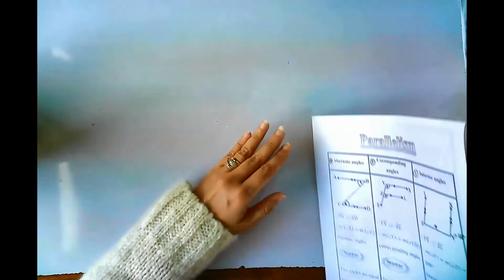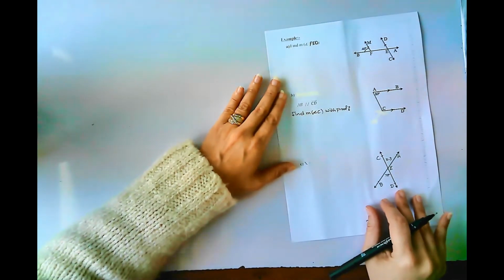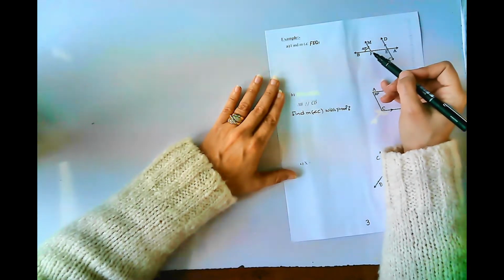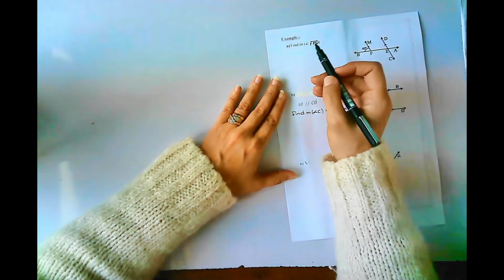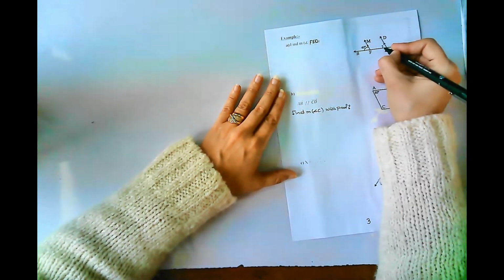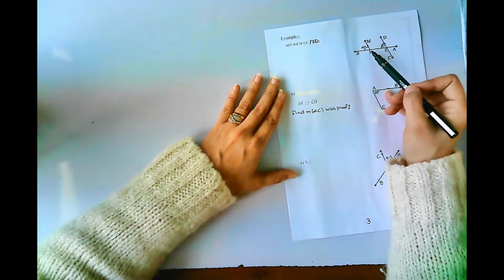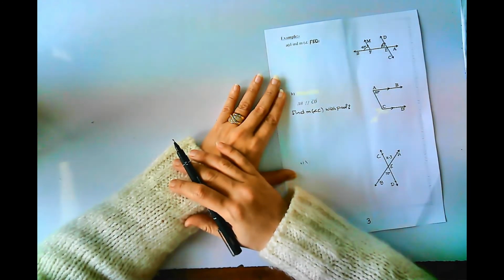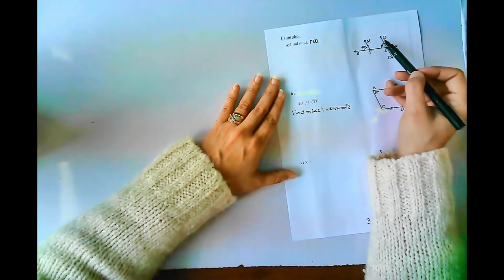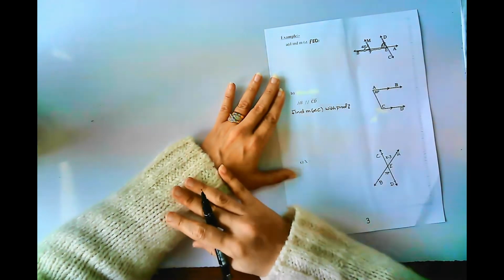For example, if we have YD parallel to MF, find the measure of angle FED. Since ED is parallel to FM, the measure of angle MFB equals the measure of angle DEF. It's letter F, a corresponding angle.